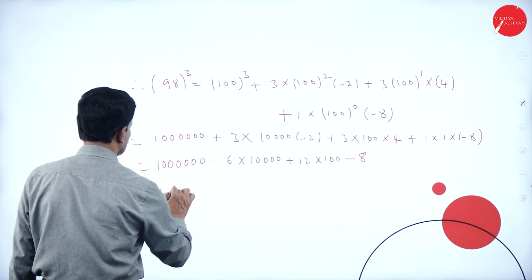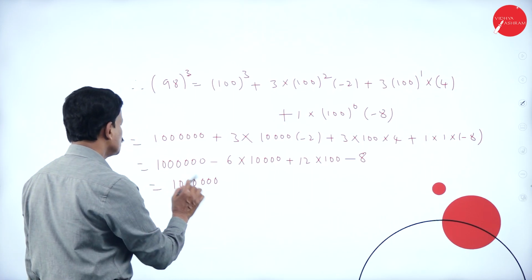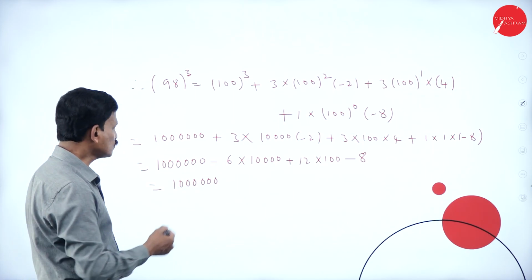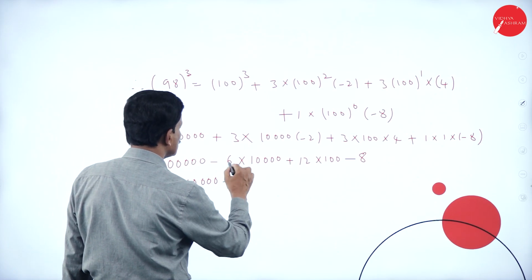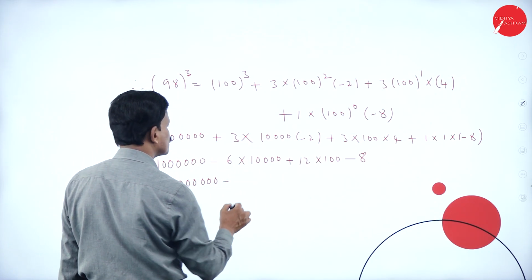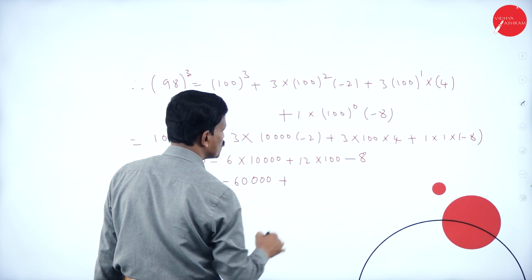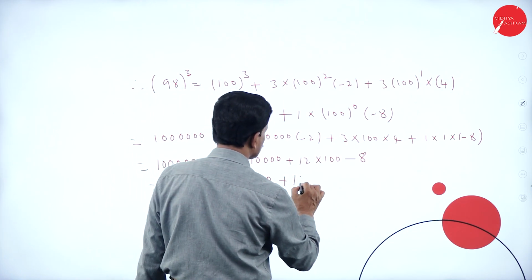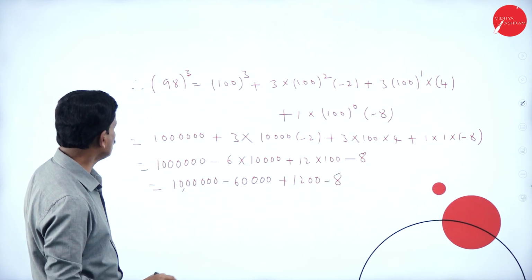So that is equal to 1 followed by 6 zeros, that is 10 lakhs, minus 6 into 10,000, that is 60,000, plus 12 into 100 is 1,200, minus 8. Simplify this, that's it, you will get the answer.